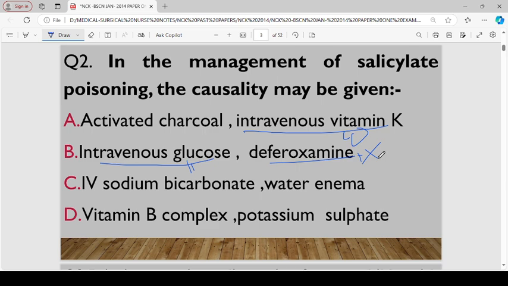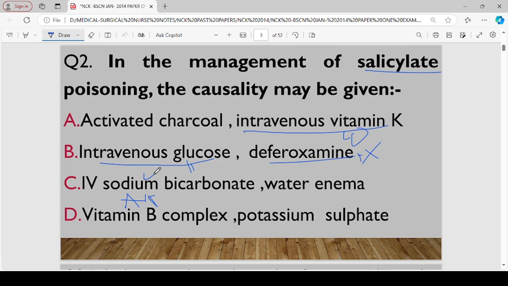Option C, we are talking of IV sodium bicarbonate and water enema. When you take IV sodium bicarbonate, this one will normally alkalize urine. And when you alkalize urine, you increase the elimination of salicylic acid. So this at least answers the question. And what about enema?